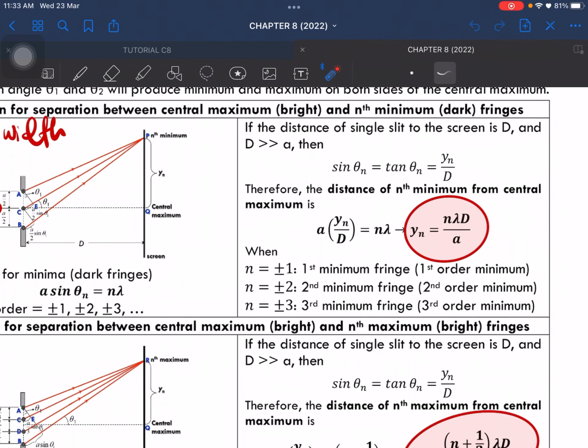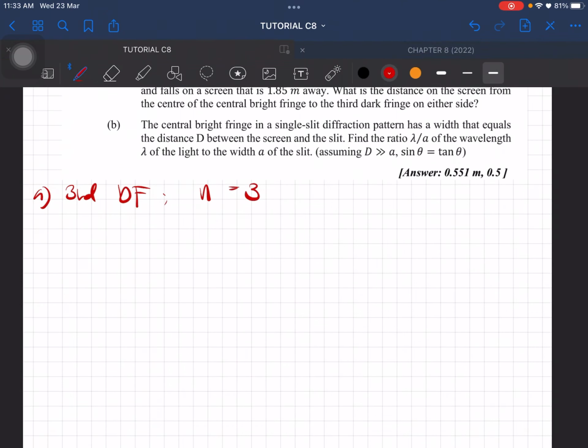So if n is equal to 3, it is telling us it is at the third minimum fringe, the third dark fringe. Then we are going to use this equation, lambda D over a.